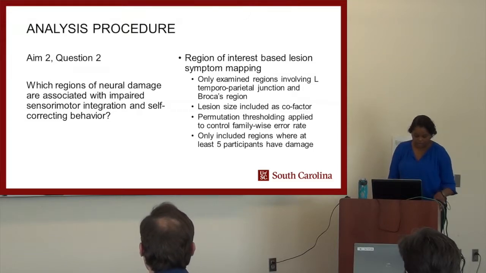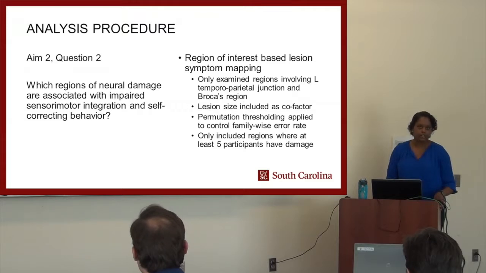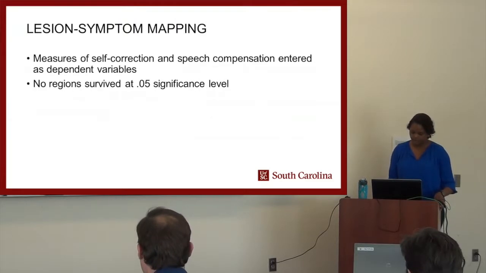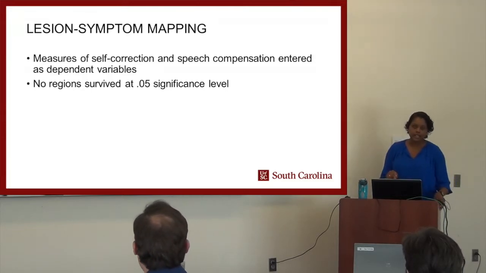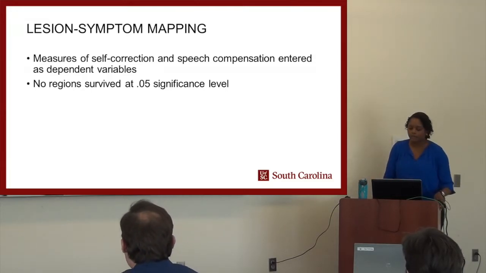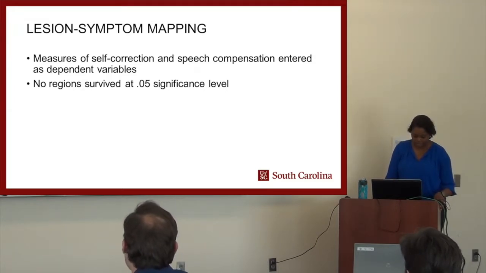Those regions were inferior parietal cortex, supramarginal gyrus, angular gyrus, superior temporal gyrus, and then pars opercularis and pars triangularis. From this analysis, no region survived, and both the measures of self-correction from the naming task as well as the speech compensation measures were entered as dependent variables.